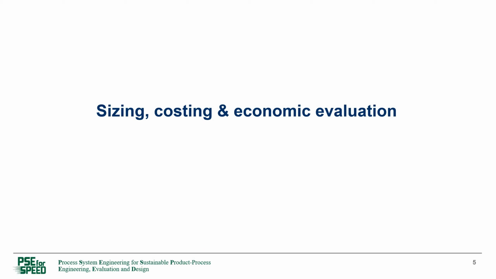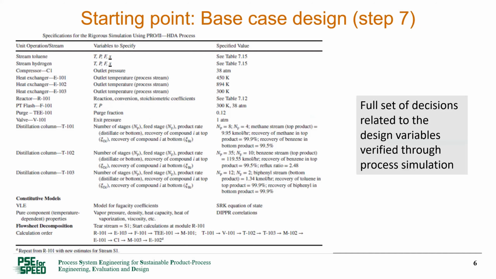So first, I will show you what the table shows: the rigorous design based on the methods that Professor Eden has talked about for the distillation columns, for the choice of the reactor conditions, for the specification of the heat exchangers, compressors, pumps, etc. So just one thing about the driving force-based distillation column.